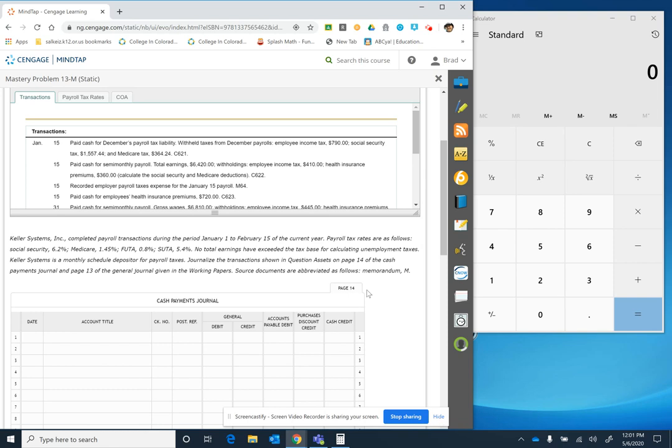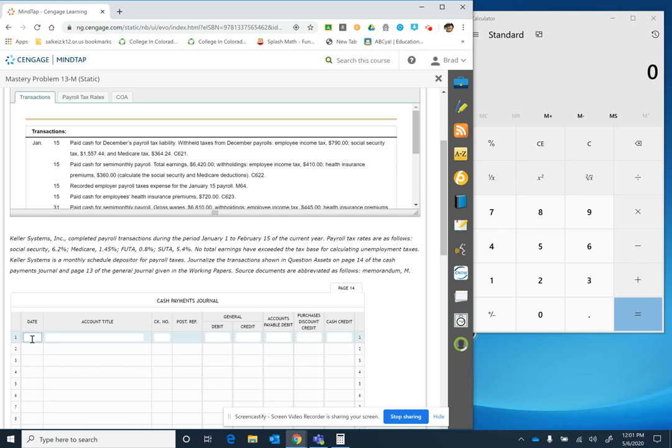The first thing we're going to do is for January 15th, we're going to pay cash for December's payroll tax liability. It's telling us exactly how much was withheld, and we're going to make payments to the federal government for our tax liability in December.